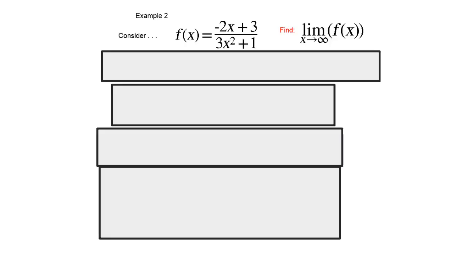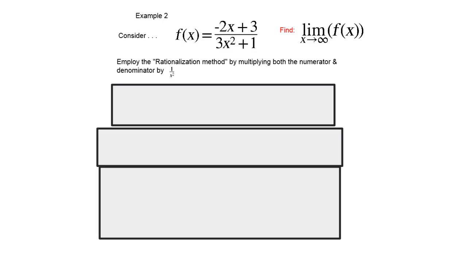So that's what we're going to do. We're going to use the rationalization method and multiply both the numerator and denominator by 1 over x squared. So I want you to do that and then pause the video and see what you got and see if it matches what I got. Okay?